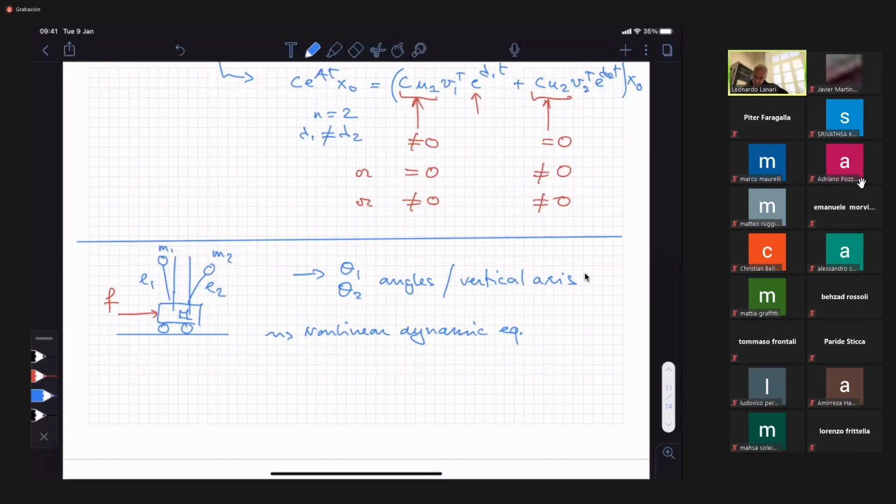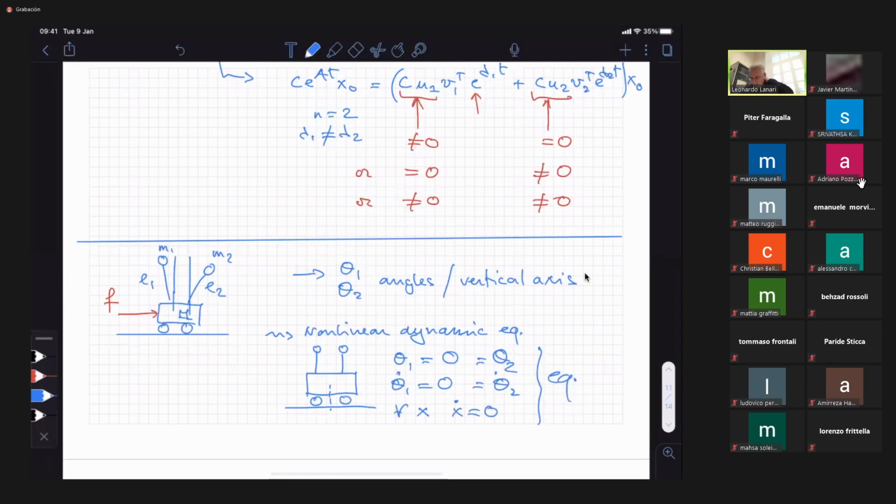And we clearly have that θ1 equals 0 equals θ2, θ1 dot equals 0 equals θ2 dot, and any position of the cart with 0 velocity, these are all equilibrium points, okay?